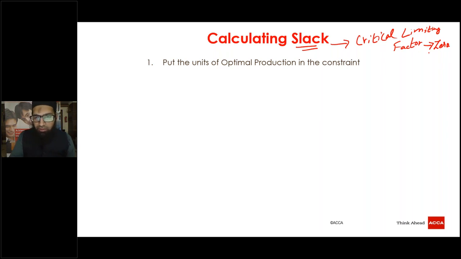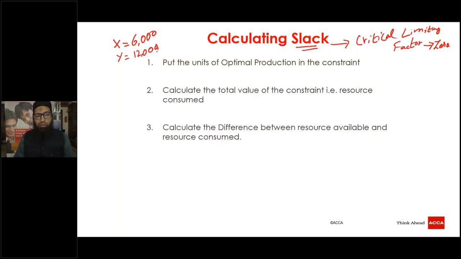That means slack will always be of a non-critical limiting factor. Remember that we have a production plan of X equals 6,000 units and Y equals 12,000 units. We can calculate the slack in 3 steps. First, we put the units of optimal production in the constraint. The constraint was material, which was a non-critical limiting factor.